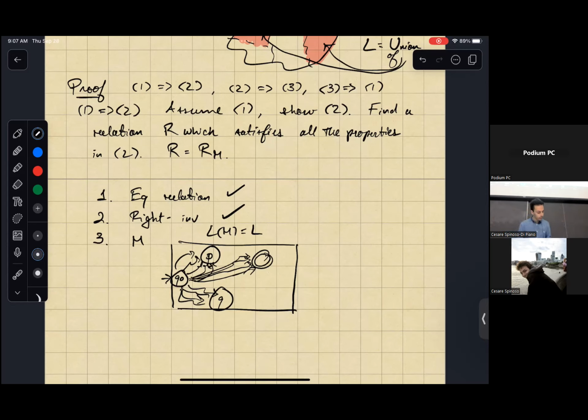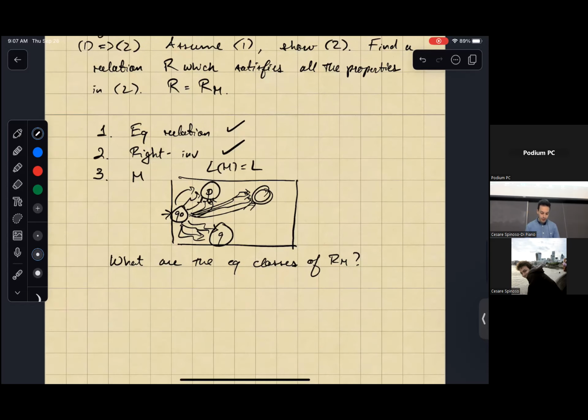Then if we ask what the equivalence classes of R sub M are, suppose I have some state q in Q, where Q is the set of states of my machine M. Then one equivalence class, let's call it S sub q, is all of the strings in sigma star for which those strings starting at Q0 end up in q.